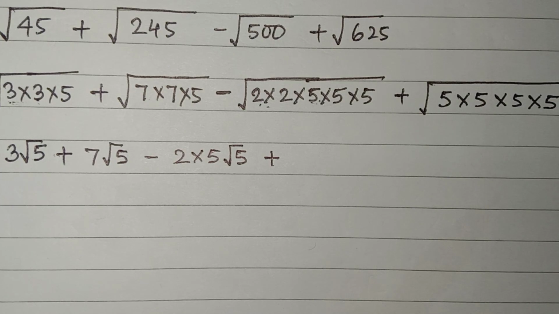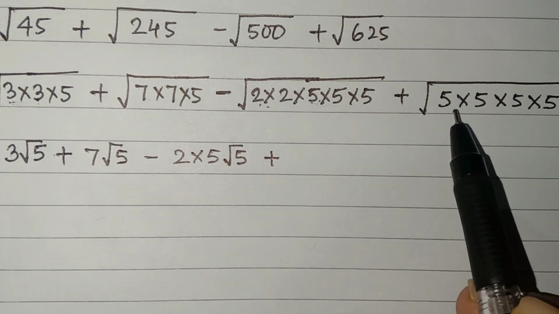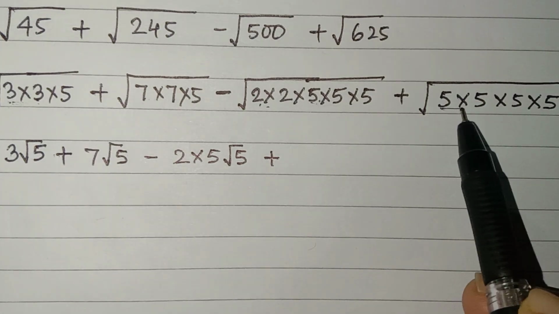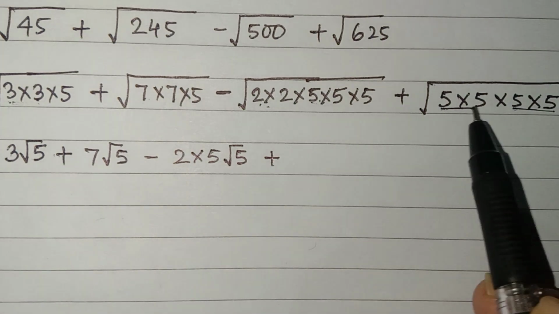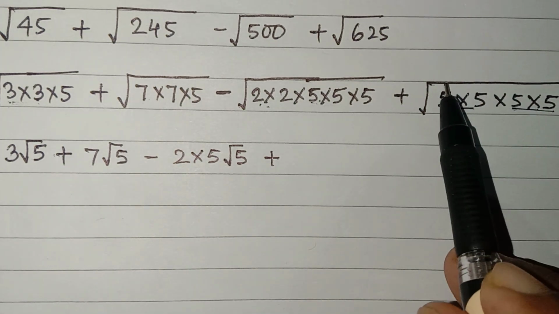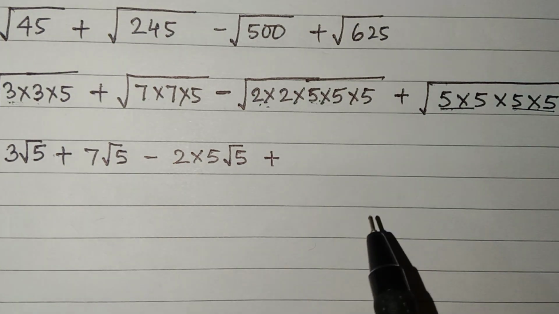And in the last one I can see that this 5 is making a pair and this 5 is making a pair, so 5 times 5 will be free from this square root.